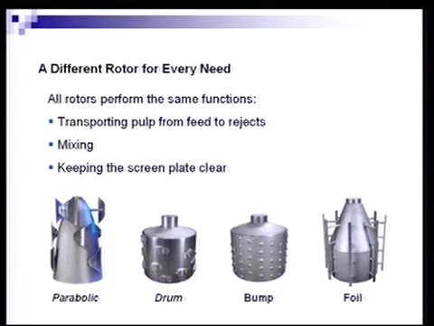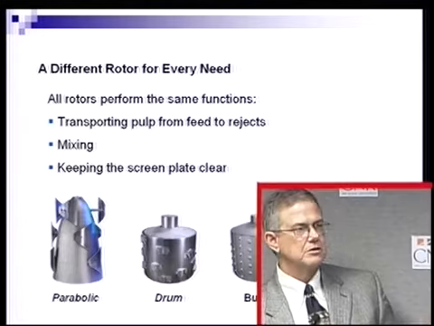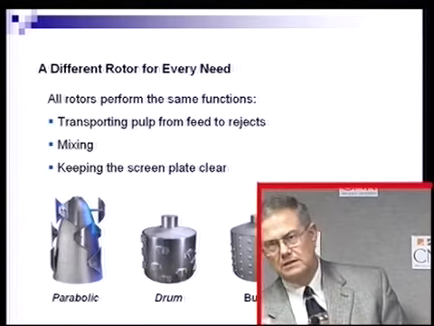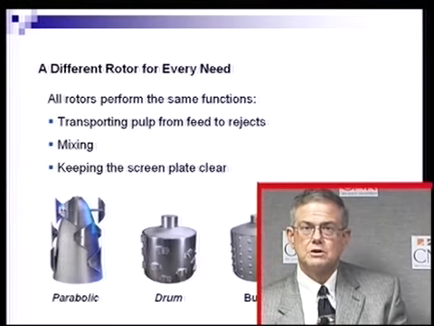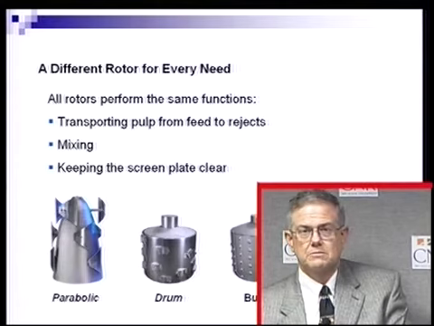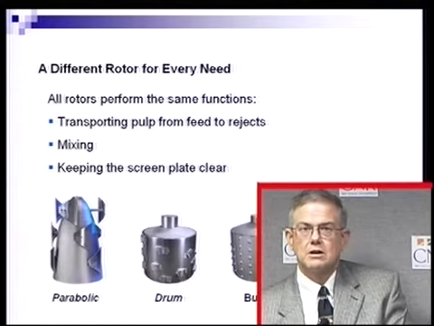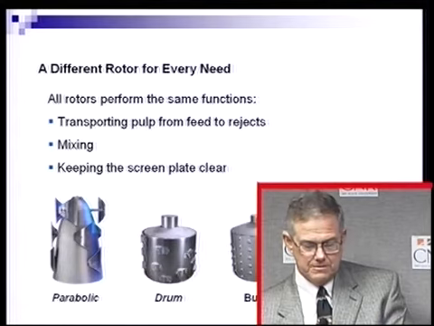And so as a result, we've made this parabolic shaped rotor that also reduces the volume, and that keeps the axial velocity the same from the top to the bottom. So when we're building a screen plate with a high L over D ratio, a longer length to diameter ratio, then we'll want to use a rotor that also controls the interior volume of the stock so that we don't dewater and get an excessively high thickening factor.